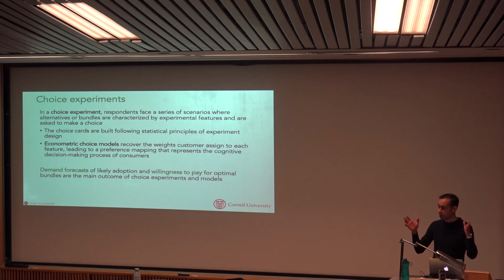We present them with hypothetical scenarios that we call choice cards that present features of the alternatives, and then we force people to make a choice. And then we build models that are econometric models, or statistical models, to try to forecast what people would choose in a particular context.